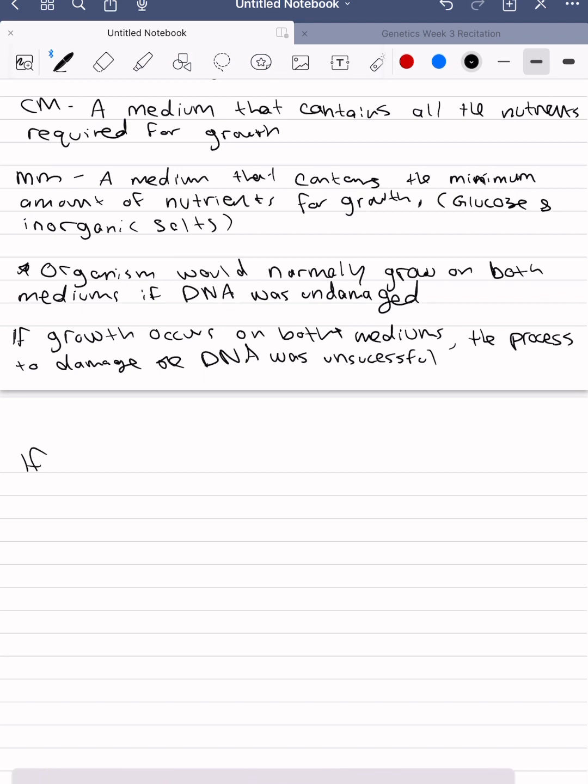If growth occurs on complete medium but not minimal medium, then what that means is that you successfully damaged the pathway. There's something wrong in the series of steps that converts glucose into a different metabolite. That's essentially what we're looking for: the gene that's been defected.